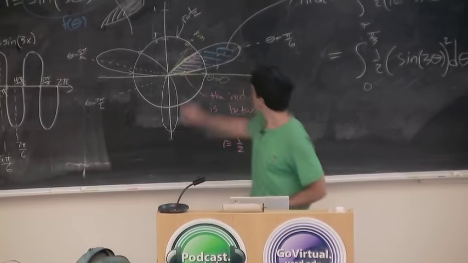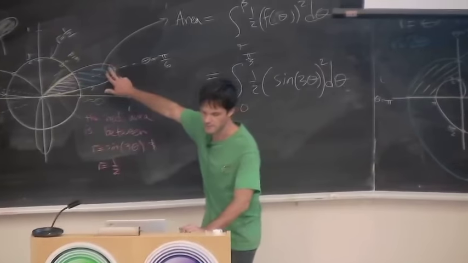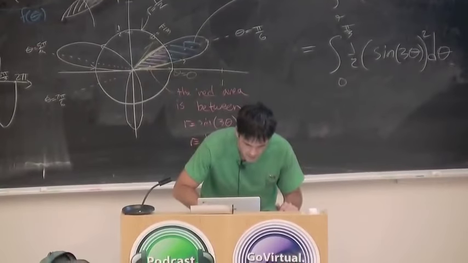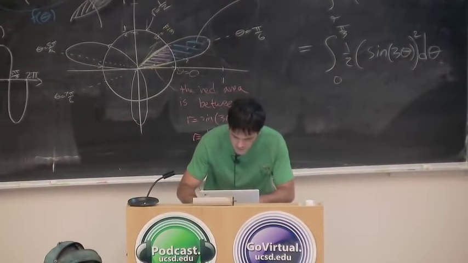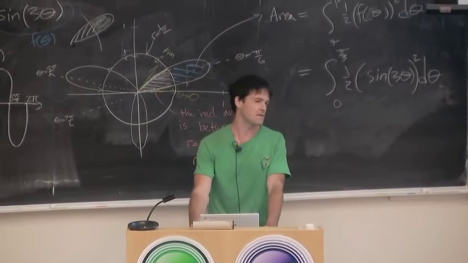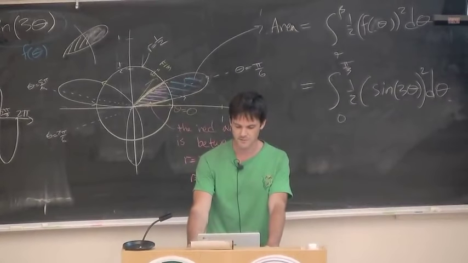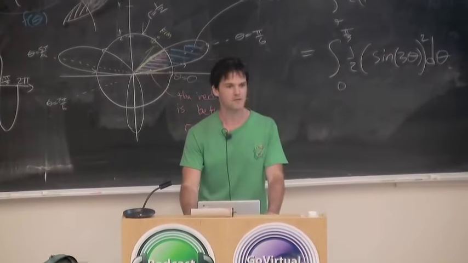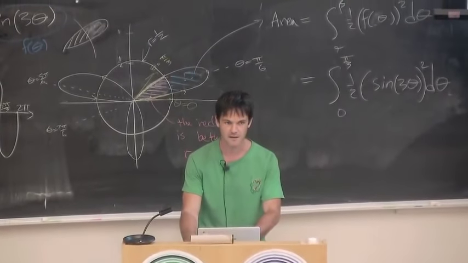So that's this one right here. Should I try, what if I made it a 4 theta? Oh. Yeah, you might have thought there would have been 4 petals, but no, there's actually 8 there.